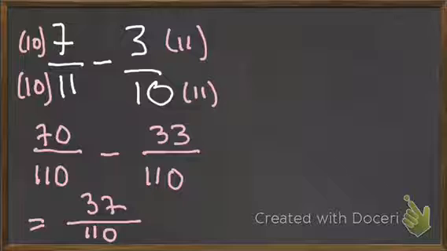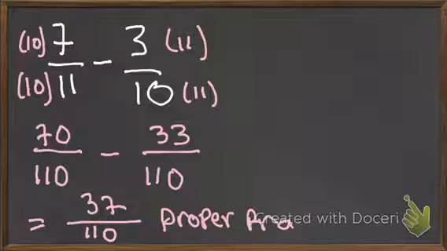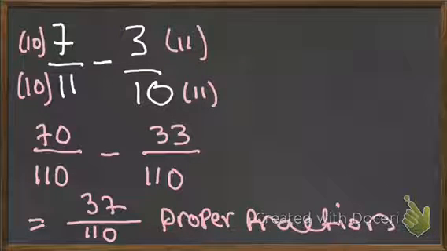Now you want to check if 37 over 110 simplifies, and I believe it does not. Now, is this a proper or improper fraction? This is a proper fraction because the numerator is smaller than the denominator. Okay?